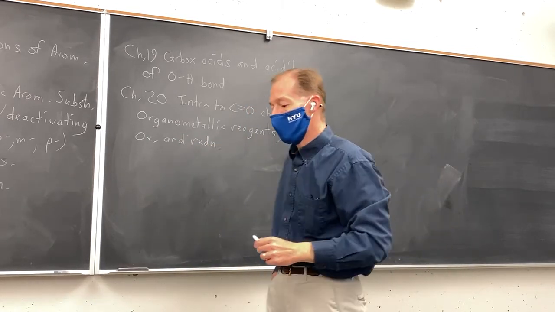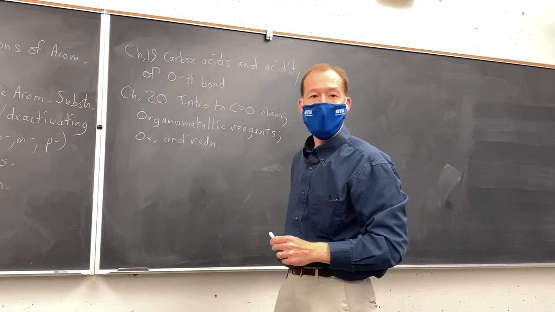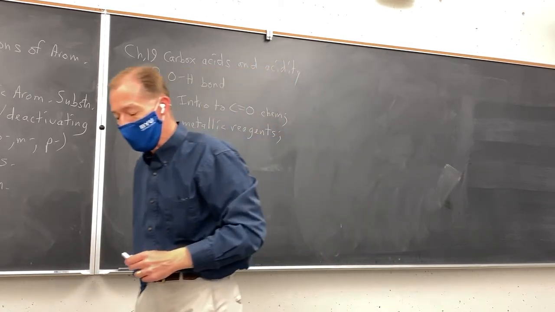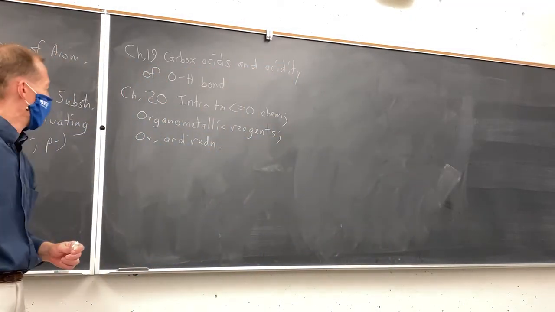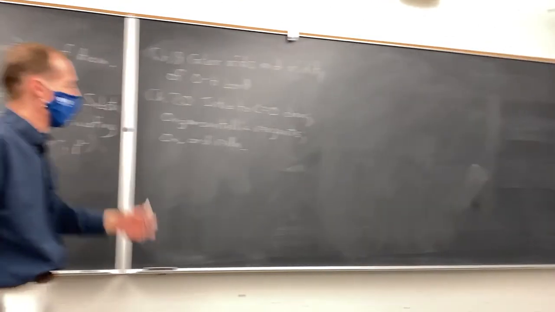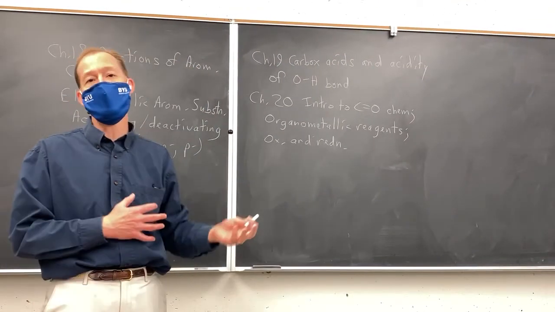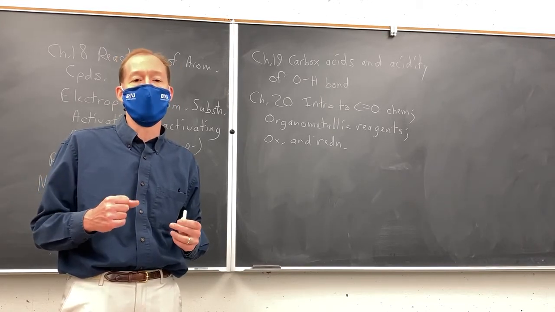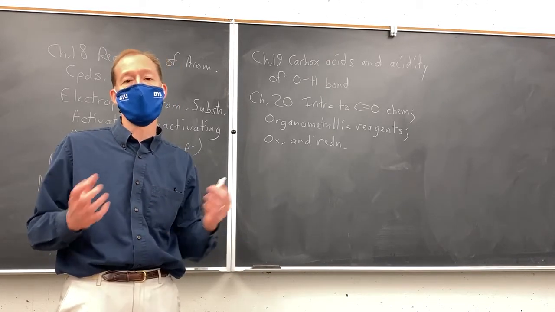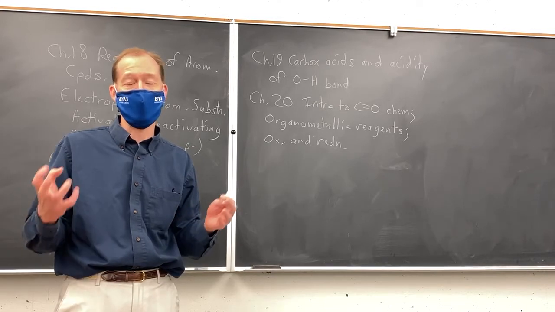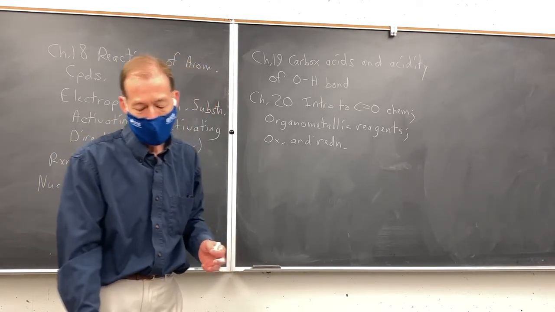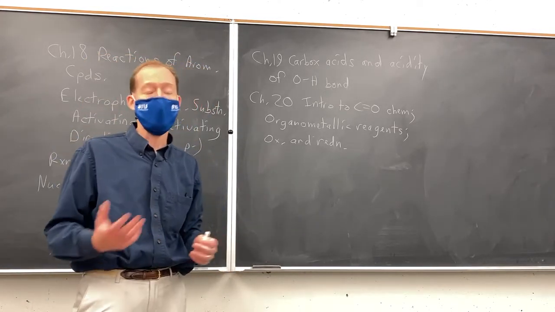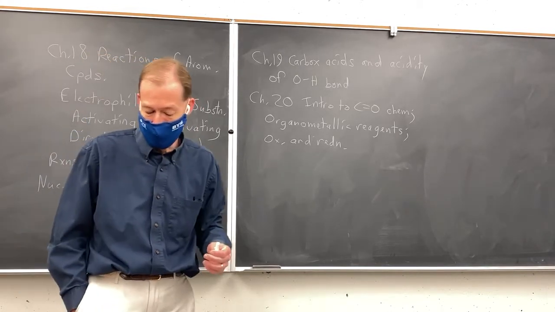So a lot of the key topics in this chapter are covered in this title. Are organometallic reagents, Grignard reagents, organolithium reagents, organocuprate reagents. Remember, our Grignards and our organolithiums react essentially the same. And then the organocuprate reagents react a little bit differently.